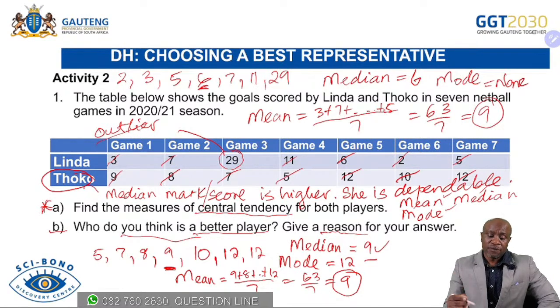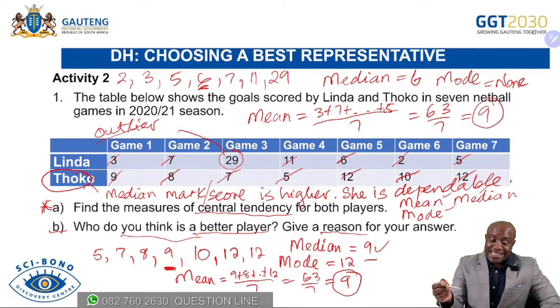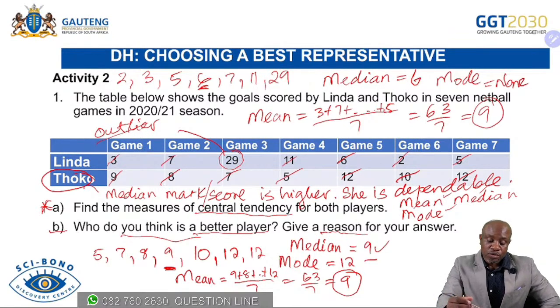If you look at the mean, the two players got a mean average of 9. So that average of 9 doesn't tell us much, because it tells us that they performed the same way, or they are all at the same level. So we need to dig deeper and look at the other two measures of central tendency. The mode doesn't tell us anything, because remember, for Linda the mode is none.